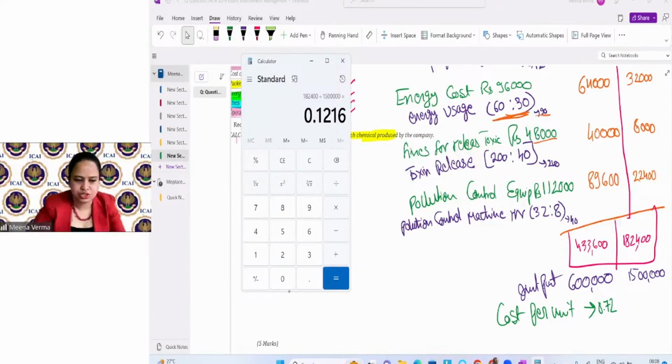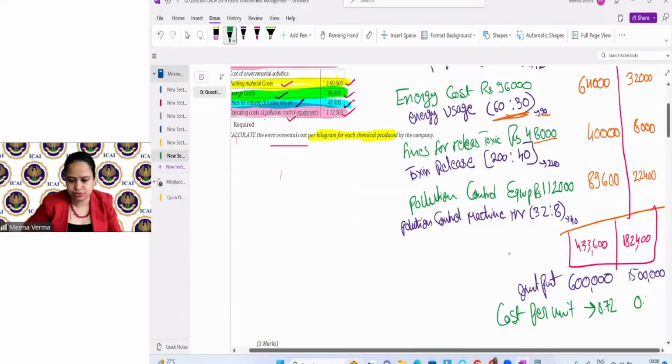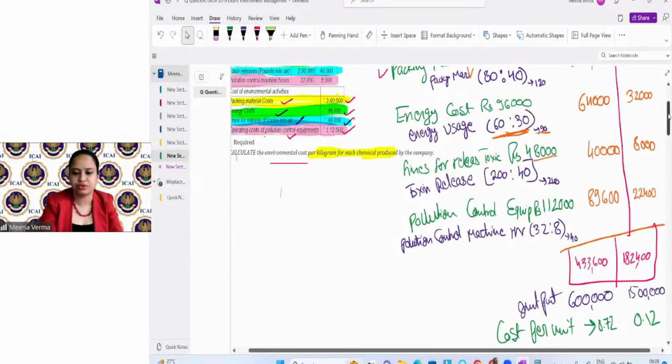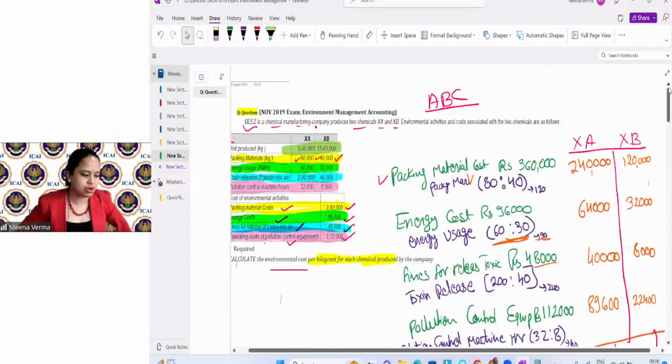This is 0.12. So in this way, you can find the environmental cost we are having here for 1 unit of final goods.